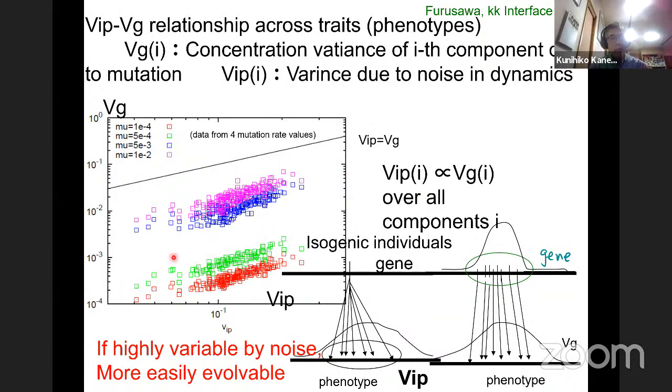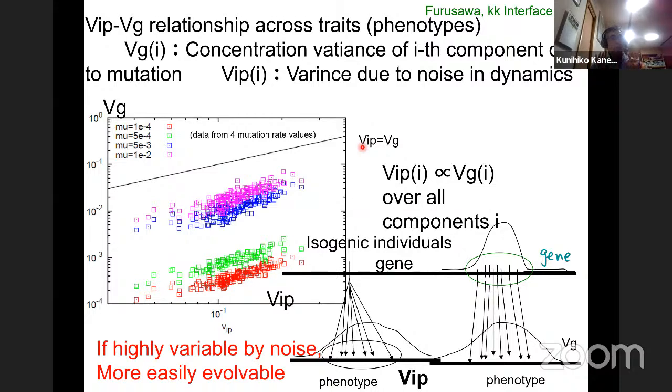So the theory says that across all components, these should be proportional. For example, for a given mutation rate, this follows a single line. That means if one component is very highly variable by noise, it's also variable by mutation, and that means it can be easily evolved.